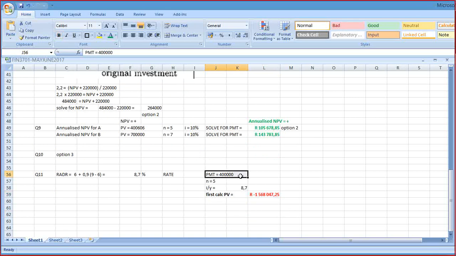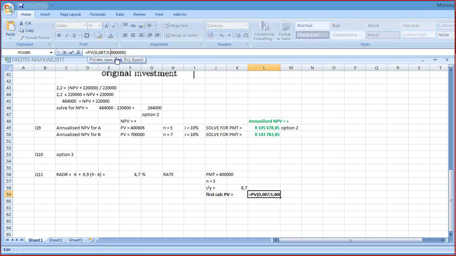Those cash flows are positive, so this would have been a plus, not a minus, because we're looking at the present value of those future cash flows. So this would be the total inflows at time 0.